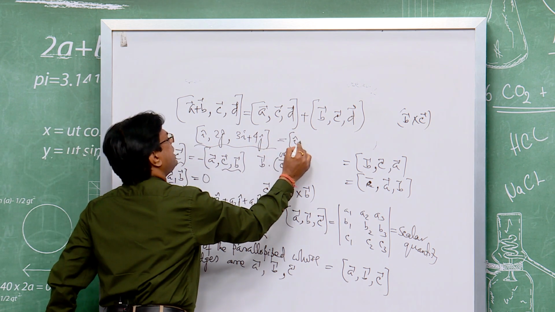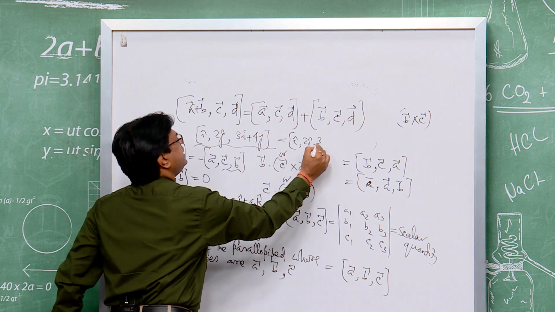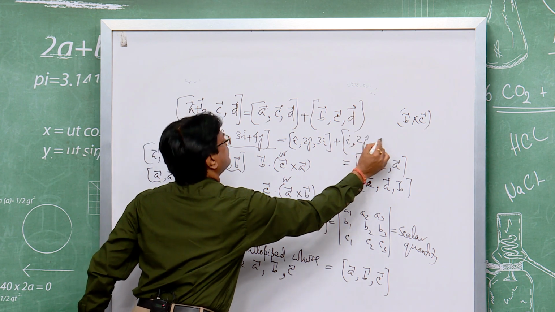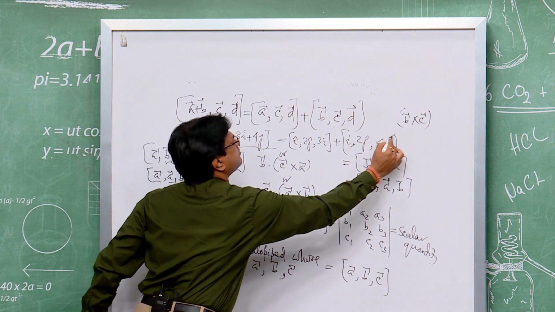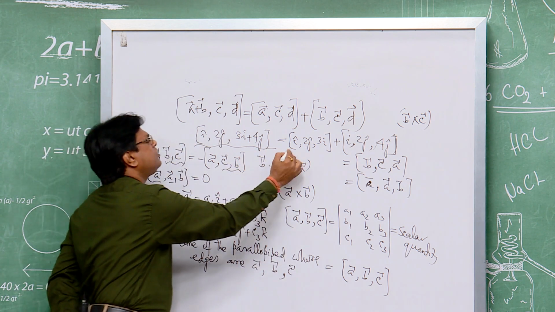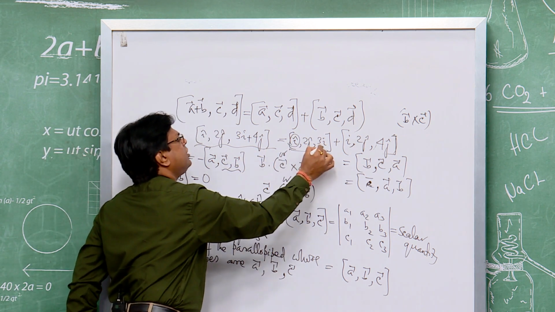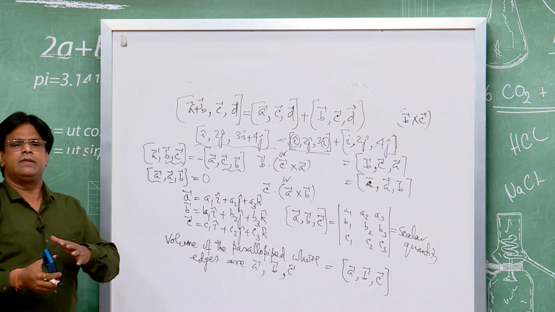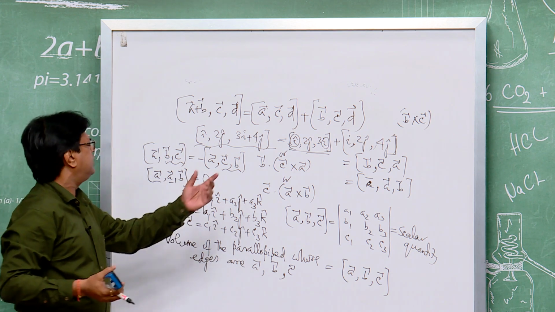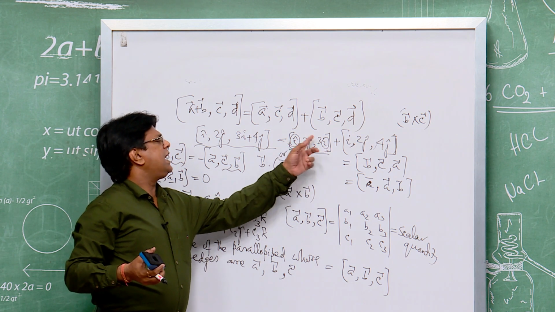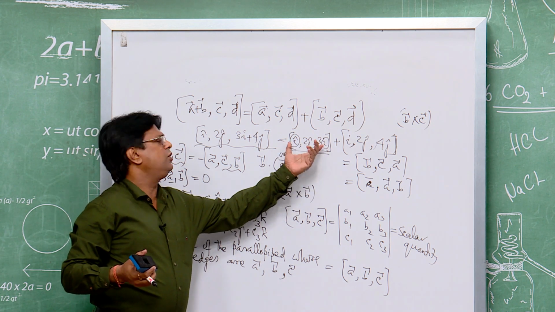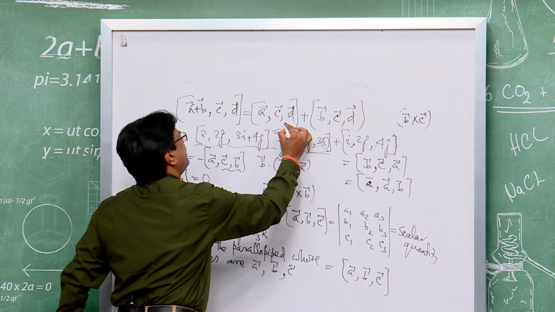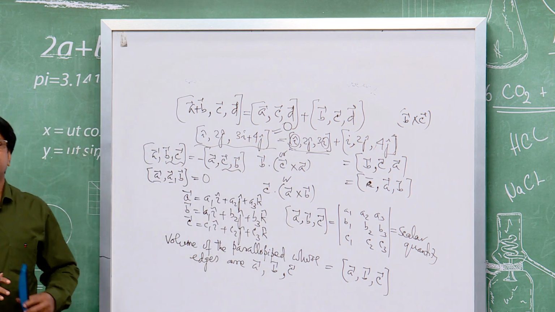You can write it in this way: i, 2j, 3i plus i, 2j, 4j. This becomes 0, because here 3 can be taken outside; when a scalar is multiplied with a vector, that scalar is taken outside of the scalar triple product. Here the two vectors i are the same, so the value is 0, and here also the value is 0. So the value of this question is 0.